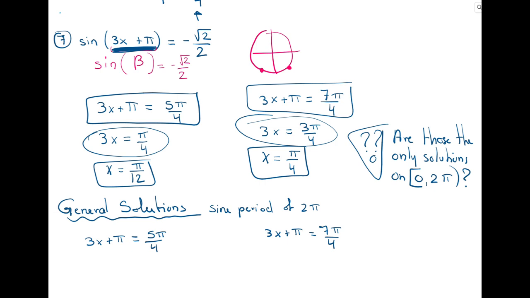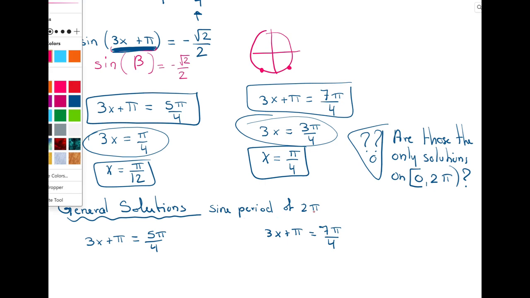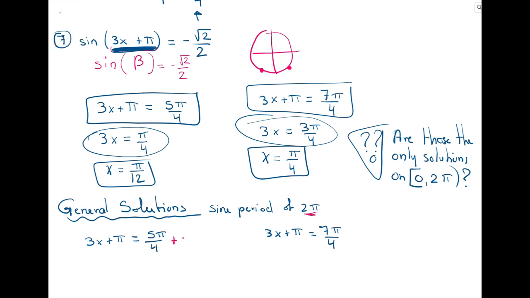And we want the general solution, so we're going to say period of 2 pi, so we're going to say plus 2 pi k, plus 2 pi k, where k is an element of the set of all the integers.